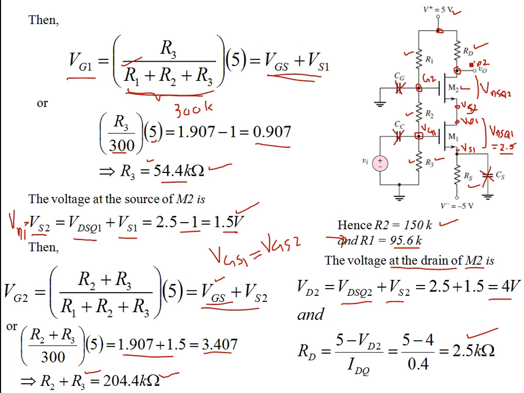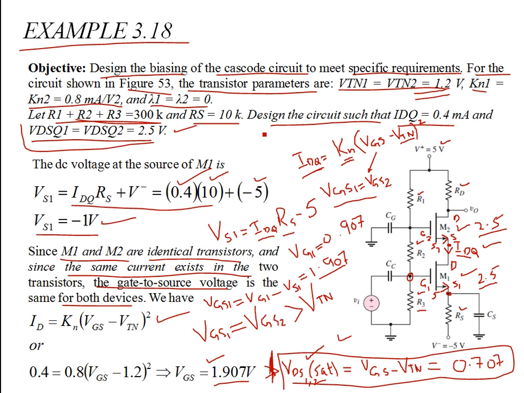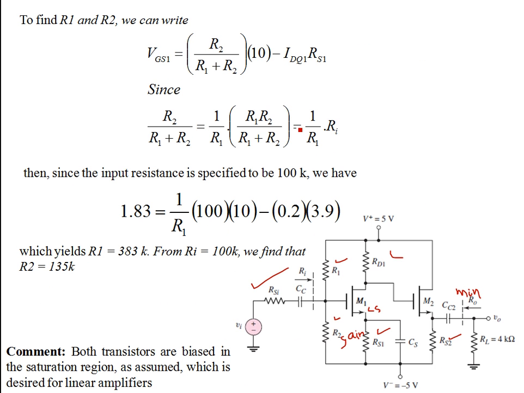So that's how you design the cascode configuration for the given specifications. Again, these specifications are according to the requirements, according to the application in which you're going to put your circuit. So the requirements could be a high frequency response with a certain gain, so you might go for a cascode configuration. As we have talked before, if you need a very small output resistance R naught, then you might want to go for a cascade configuration with a common source cascaded with a source follower configuration.